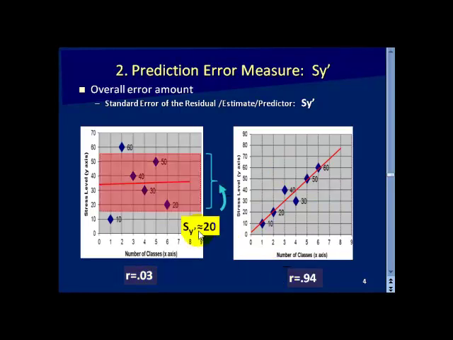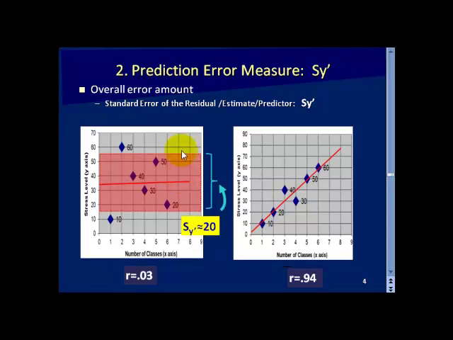So the variability here, we'd summarize SY prime as about 20, meaning that a band of +1 and -1 SY prime around the regression line captures that 68% of the variability. So this is functioning very much like a standard deviation.